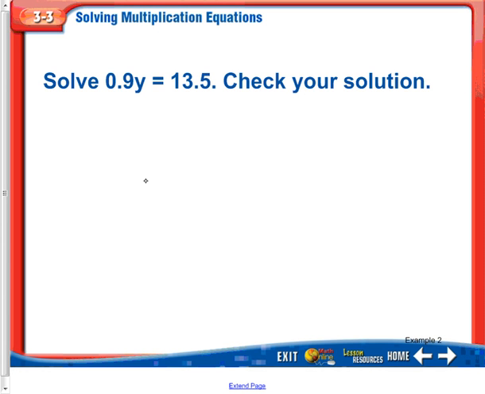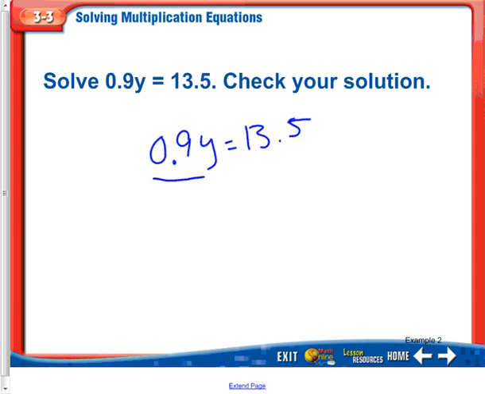So now we have a decimal multiplication equation. For this problem, we're just going to take 0.9y equals 13.5. Again, the rules do not change whether we have decimals, fractions, or whole numbers or integers.